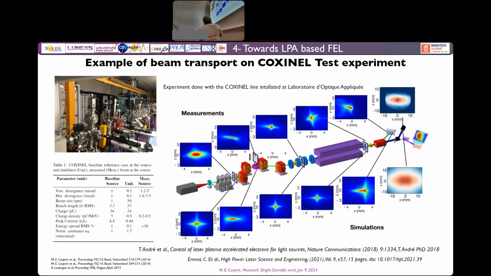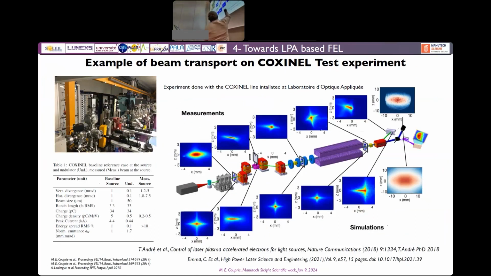So we have the intense laser focused in a gas jet or gas cell. Then we have a triplet of strong quadrupoles of variable gradient located 5 centimeters away from the source so that we handle the divergence of the electron beam.